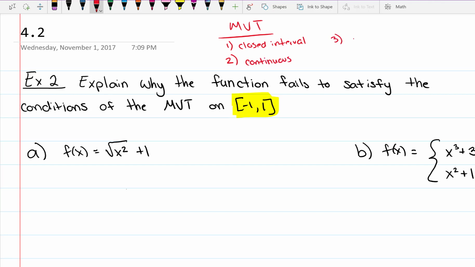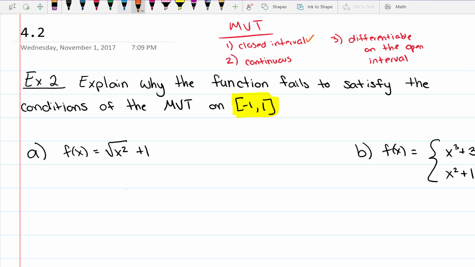And third, we are differentiable on the open interval. So we're already on the interval from -1 to 1, so that's good.